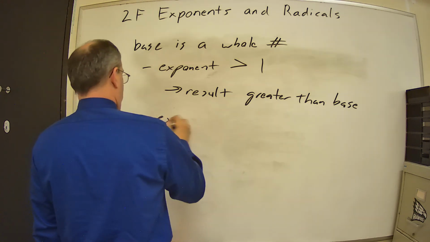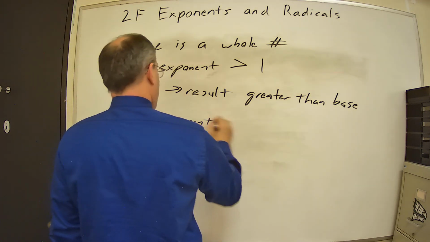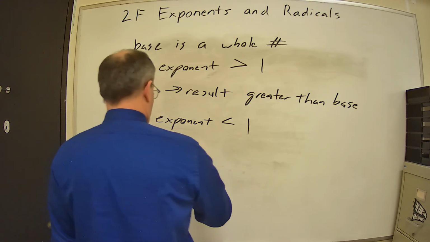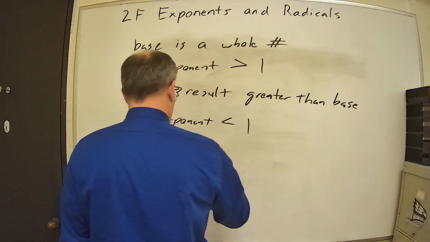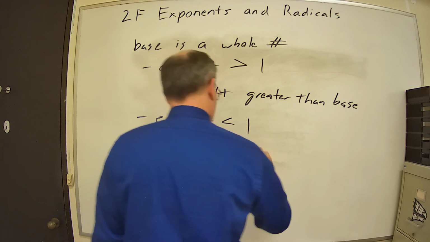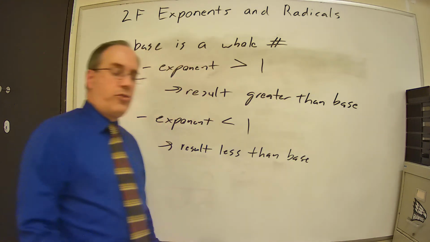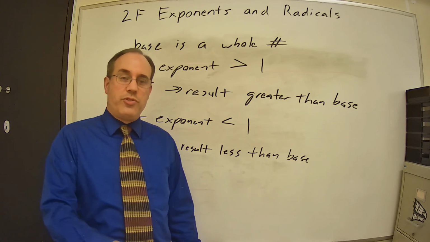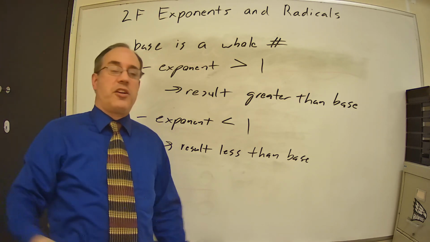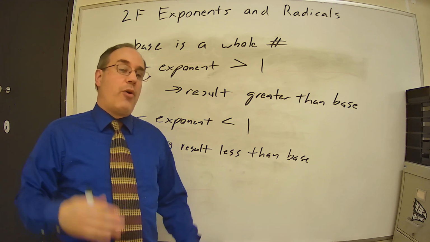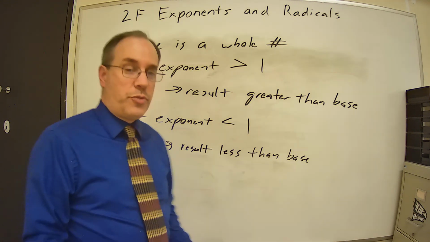If the exponent is less than 1, then your result's going to be less than the base. So a whole number base raised to a power greater than 1 is going to make the number bigger. A whole number base raised to a power less than 1 is going to make the number smaller.